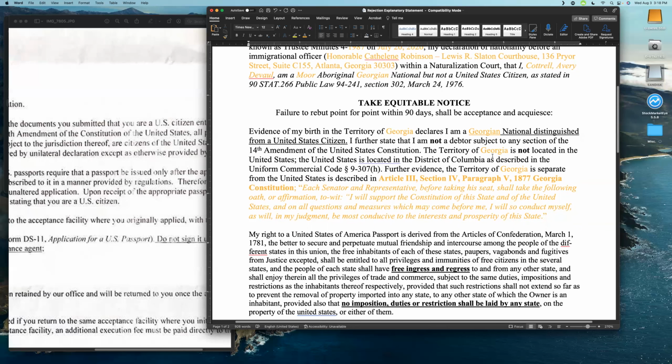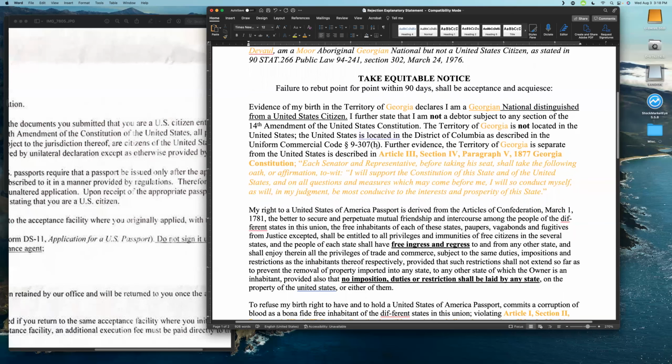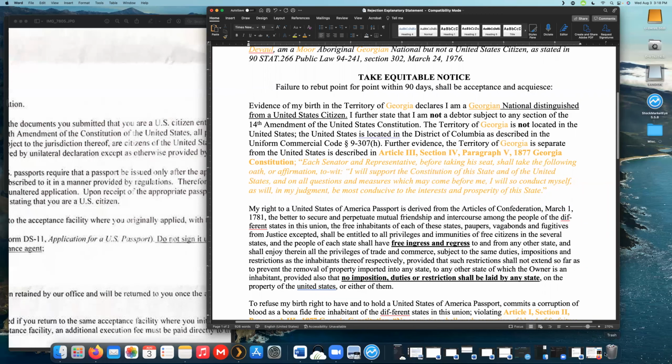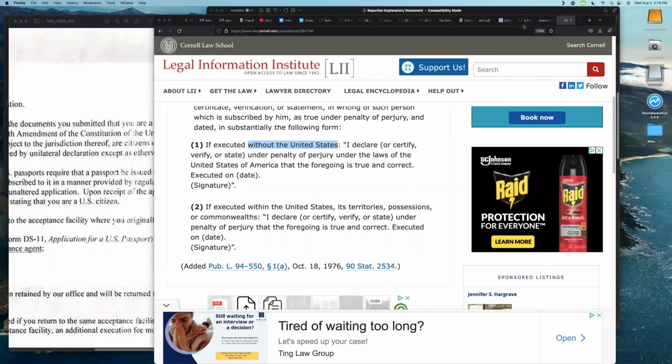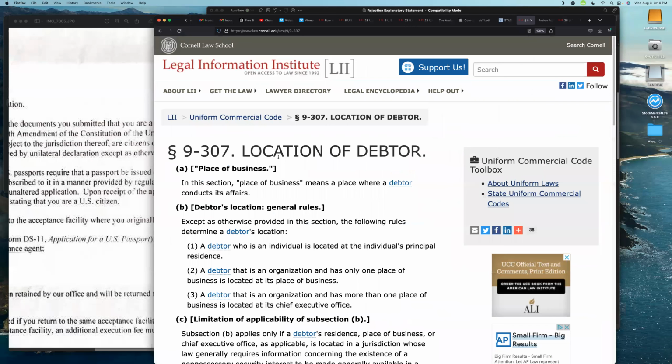The territory of Georgia is not located in the United States. The United States is located in the District of Columbia, as described in the Uniform Commercial Code subsection 9-307(h). Let's go there really quick and see what that looks like. This is talking about the location of a debtor.